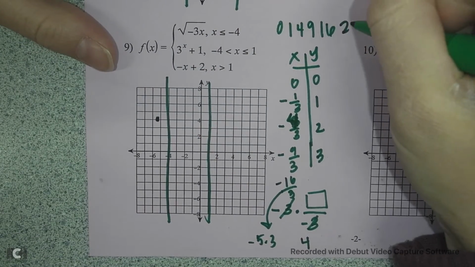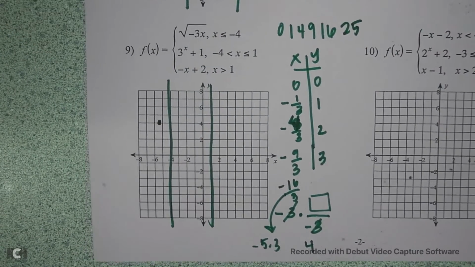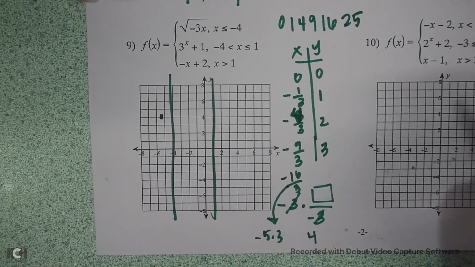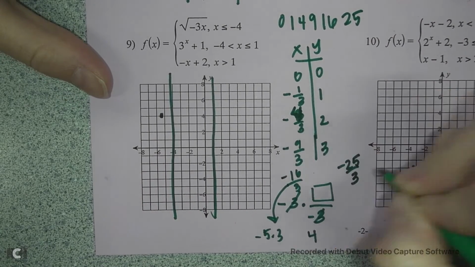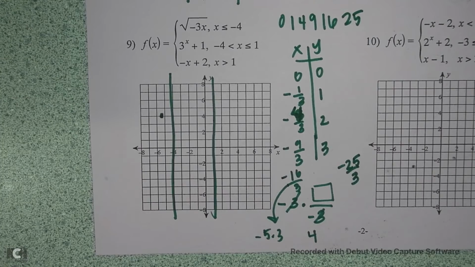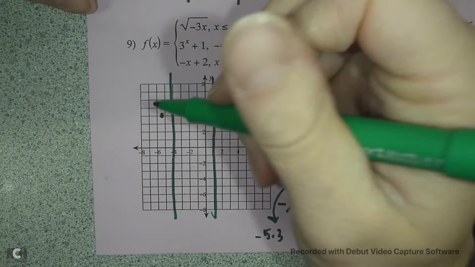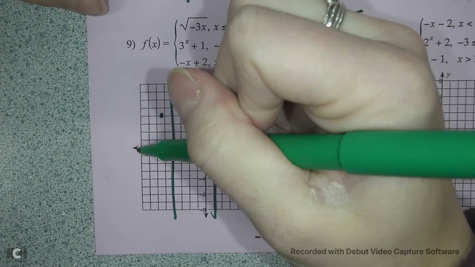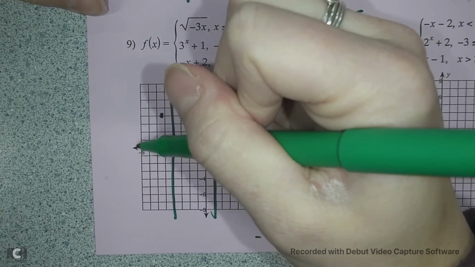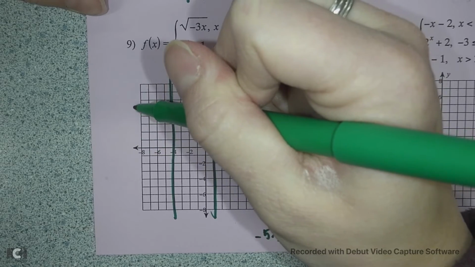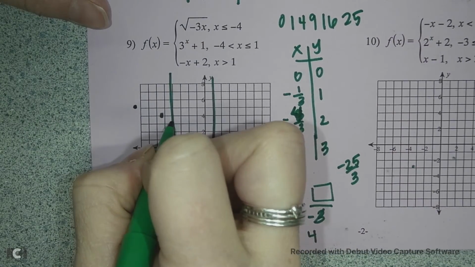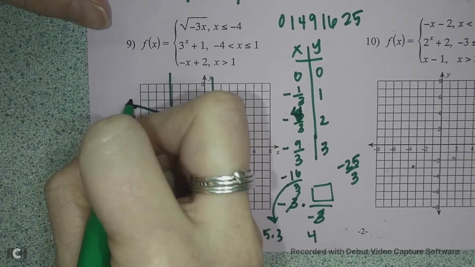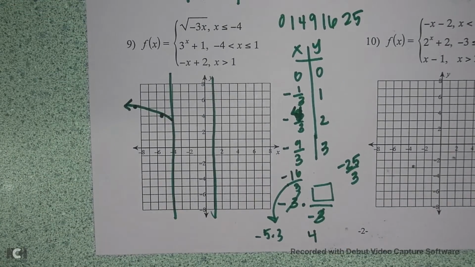And then we could do the next one, 25, because that'll be 5. So that will be -25 thirds, which is -25 divided by 3, -8.3, so -8. Oh man, it is over. And then it will be up 5, like here. Okay, anyways, it's a closed dot, so something like this. That's not very pretty. Okay, whatever.